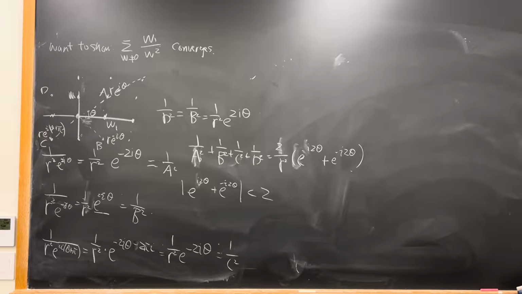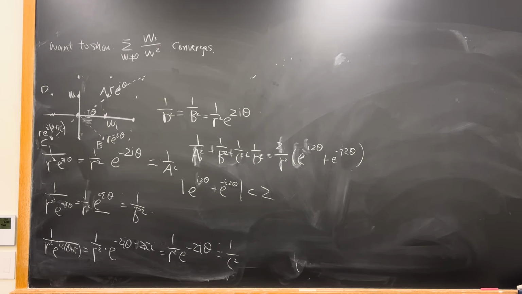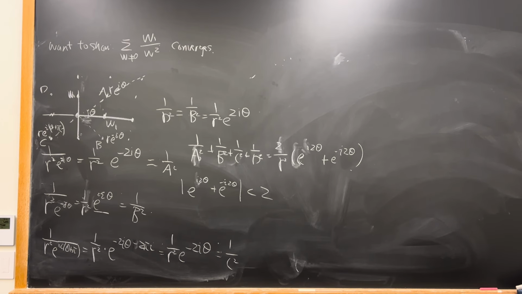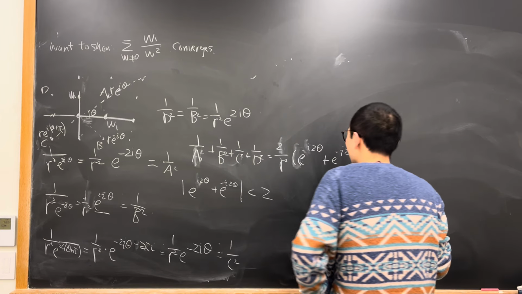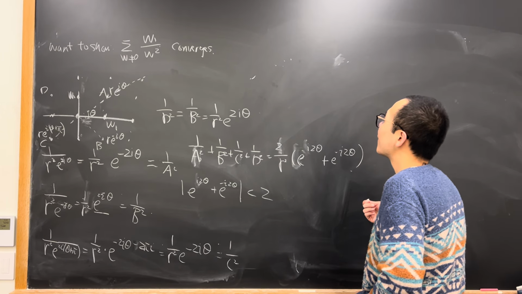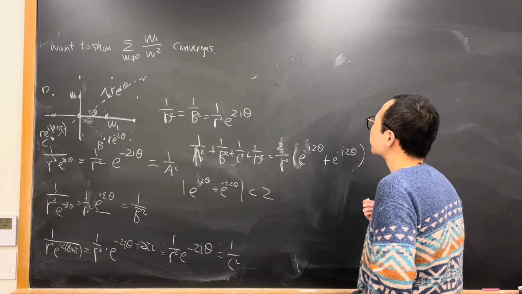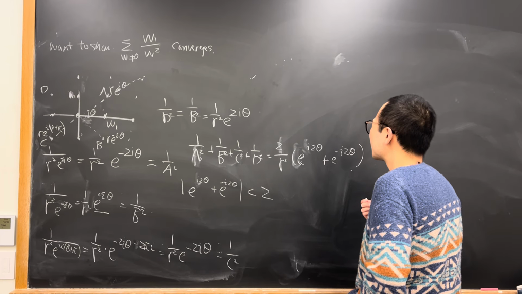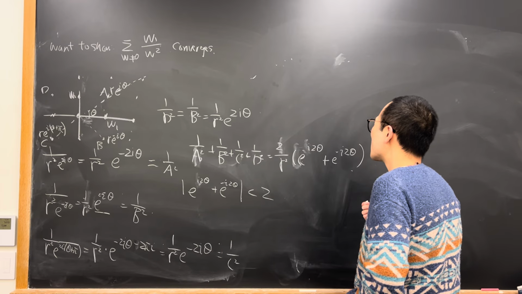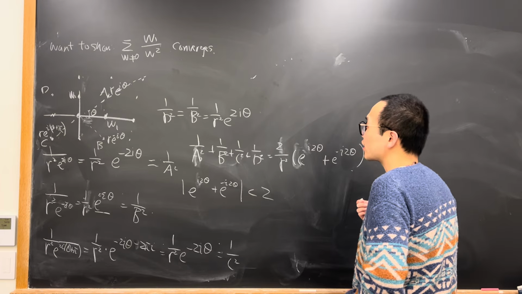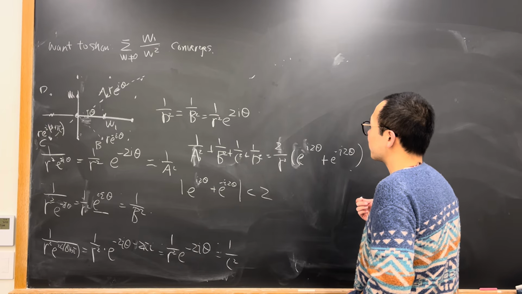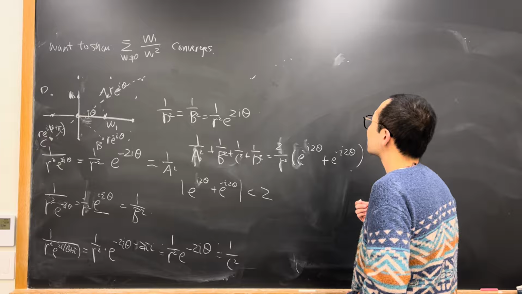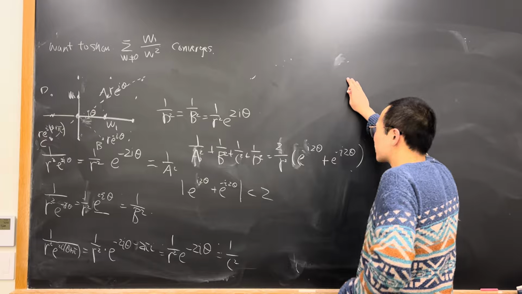So how can I really show that? I think it's a Cauchy sequence. You can show it by showing it's a Cauchy sequence.